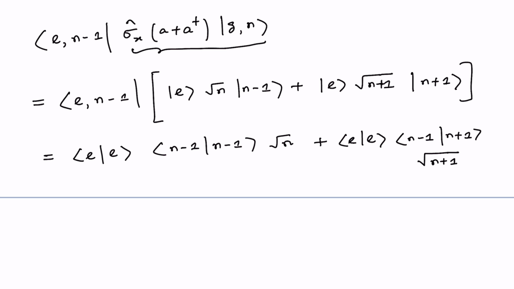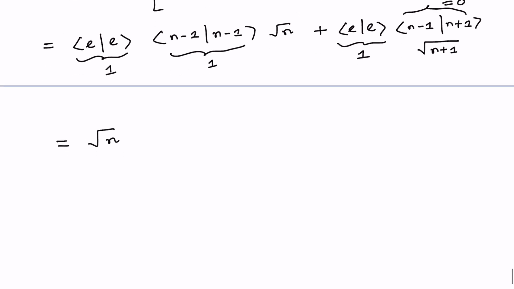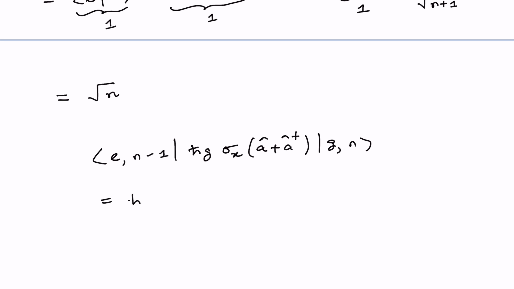Now, because of the fact that this is normalized, it is going to give me 1, this is also normalized, it's going to give me 1, but these are orthogonal, so this is going to give me 0. So therefore I will have simply square root of n. So finally we get that bra e, n minus 1, h bar g, sigma x (a plus a dagger), ket g, n is going to give h bar g square root of n, and that is what is required.